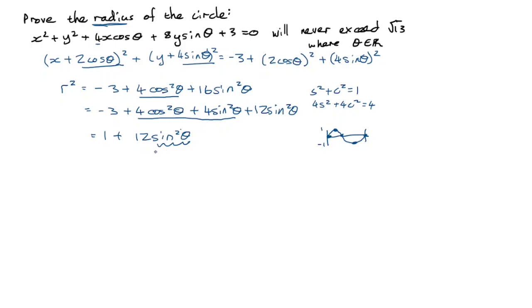So the biggest that this will ever be is 1, and it's squared, so I just square it. The biggest I can ever make this is 1 plus 12 in brackets 1 squared, which is 13. So the biggest that the radius squared could ever be is 13, so the biggest that the radius could ever be is root 13. And there we've helped to solve a question that at first glance looked awesomely complicated.